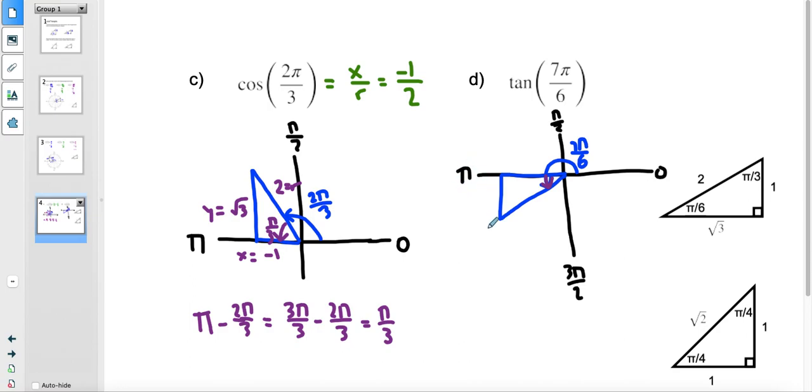And to do that, I can just subtract pi from 7 pi over 6. Again, I want to rewrite these so they have a common denominator. 7 pi over 6 minus 6 pi over 6 is pi over 6.